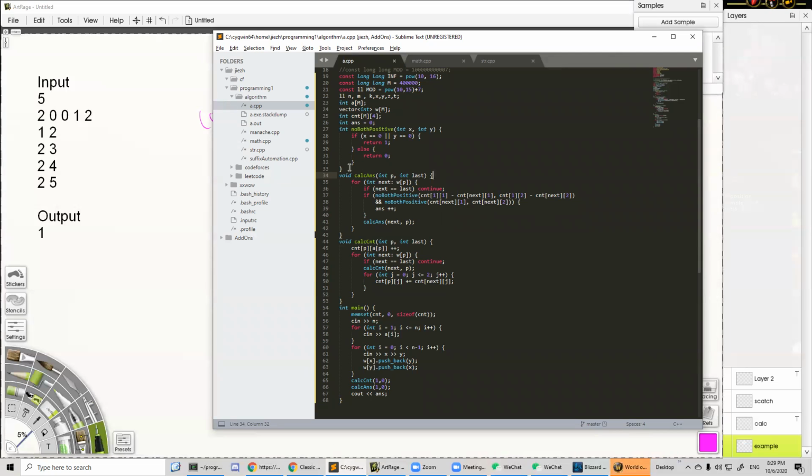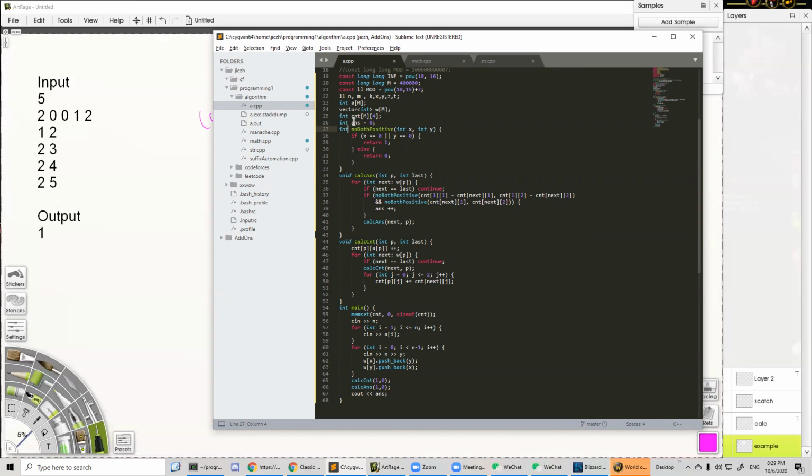So we have a small function here, which determines if not both of the numbers are positive, then we return one, right?